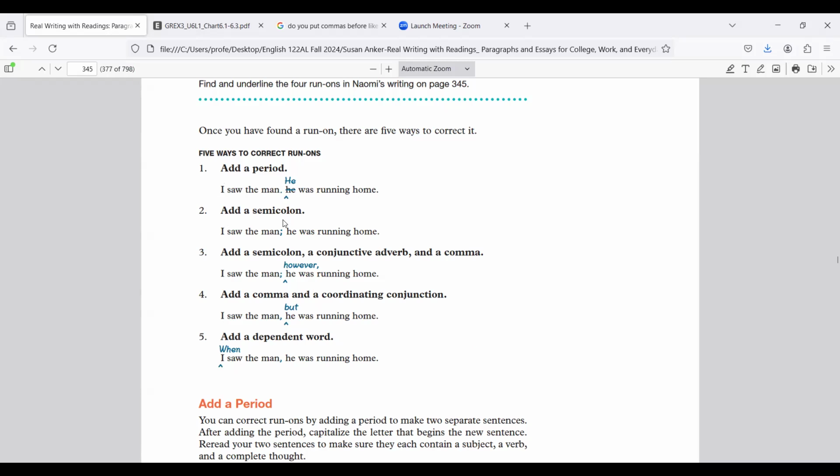Add a semicolon. A semicolon is strong enough to go in between 2 independent clauses. However, we should only use a semicolon without a conjunctive adverb if you're really trying to connect 2 sentences that are really connected and you're making a statement, like these 2 sentences go together.